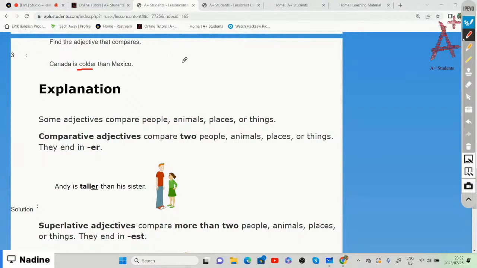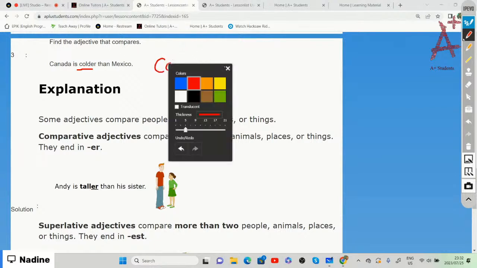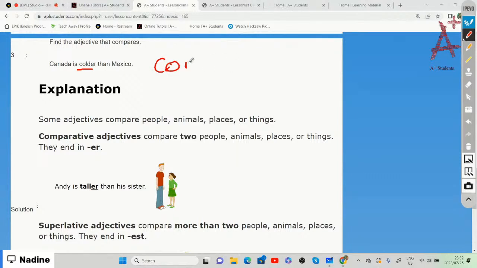If we are comparing two places, then this is a comparative adjective. And a comparative adjective compares two people, animals, places, or things, right? So that is a comparative adjective.